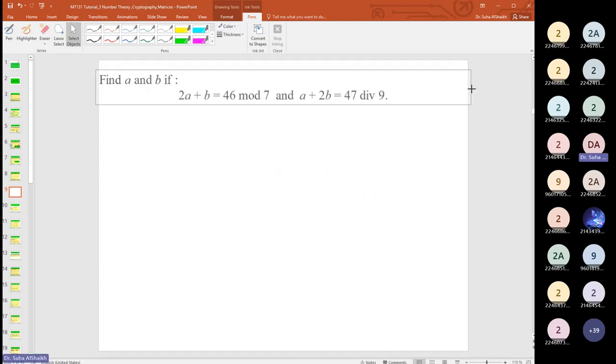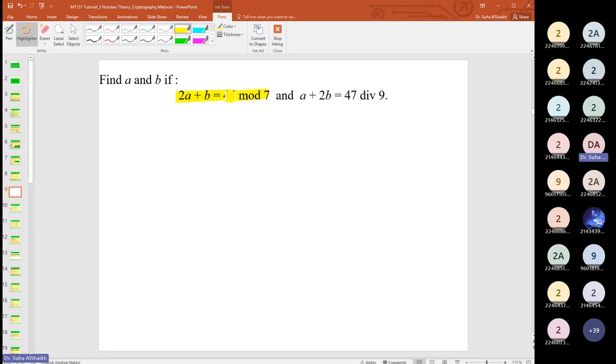So here are my two equations. You can see on the right-hand side of each equation, mod here and div here: 46 mod 7 and 47 div 9.